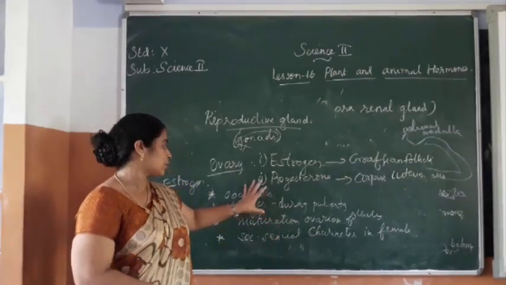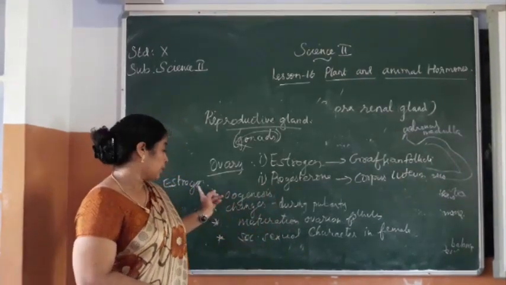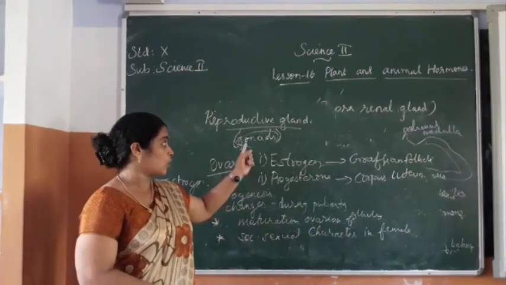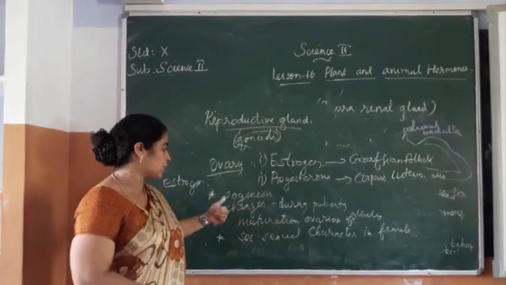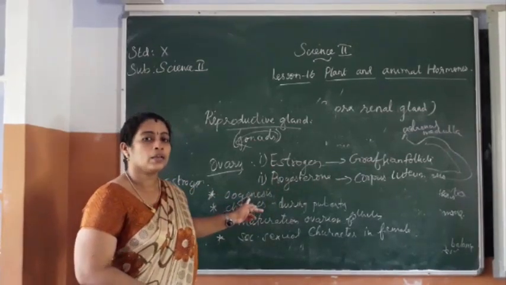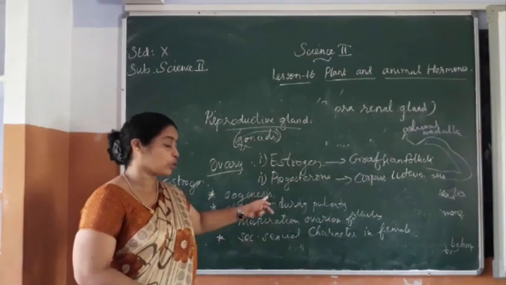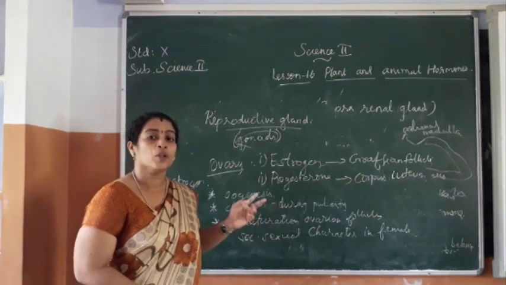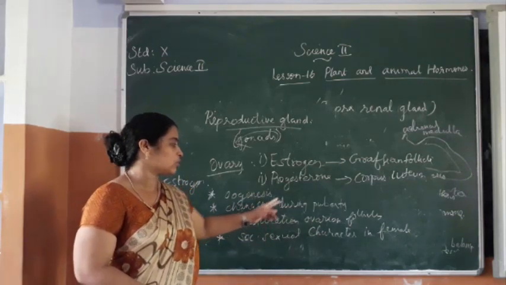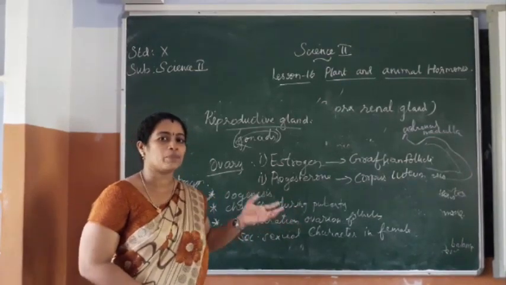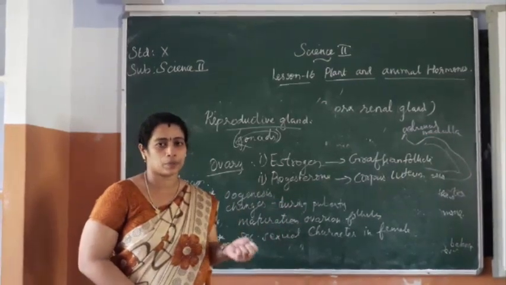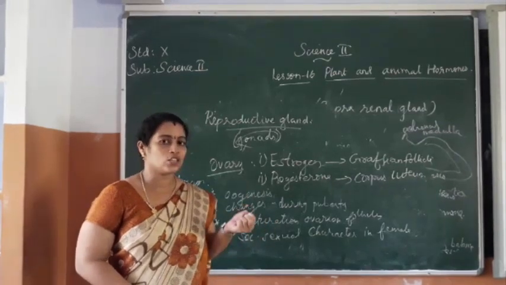So these are the functions of estrogen. First, two hormones are produced by the ovary, estrogen and progesterone. Estrogen's first function is to initiate the process of oogenesis, the formation of ovum. The second, it causes changes during puberty.